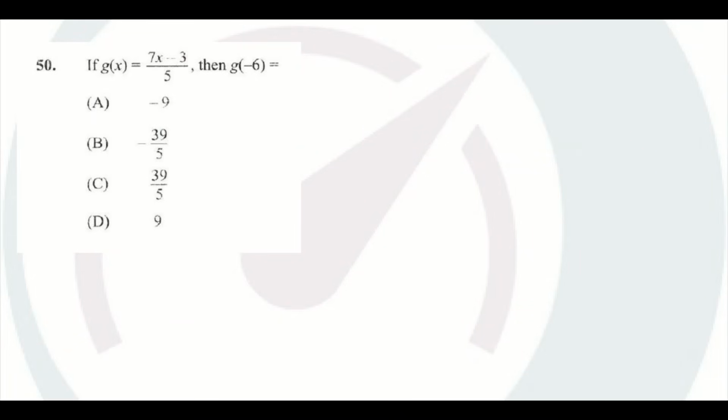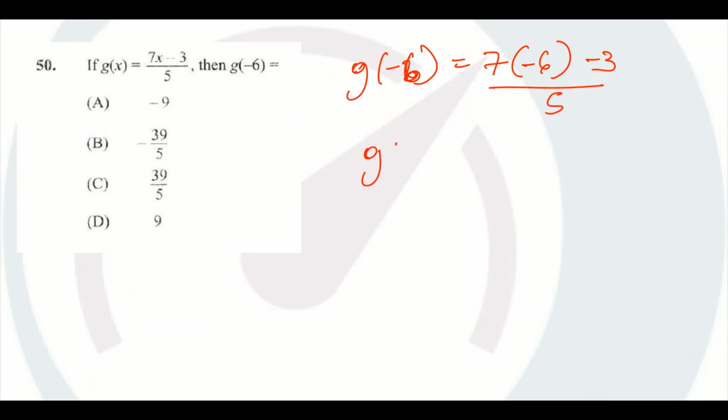So we have a good old function here using our regular substitution. If g of x is equal to 7x minus 3 over 5, then g of negative 6 is, so let's go, anywhere in the function g of x I see x, I'm going to put negative 6. So g of negative 6 is equal to 7 times negative 6 minus 3 over 5. 7 times negative 6 gives me negative 42 minus 3 over 5.